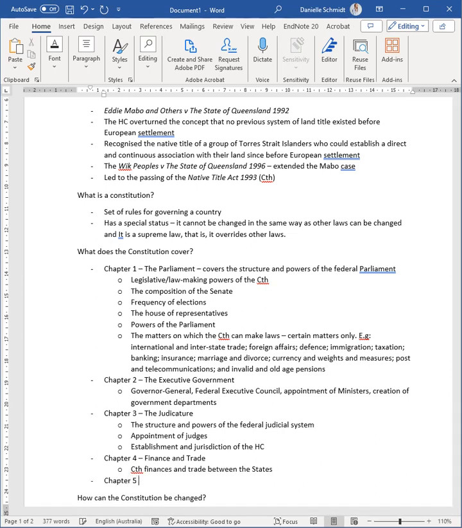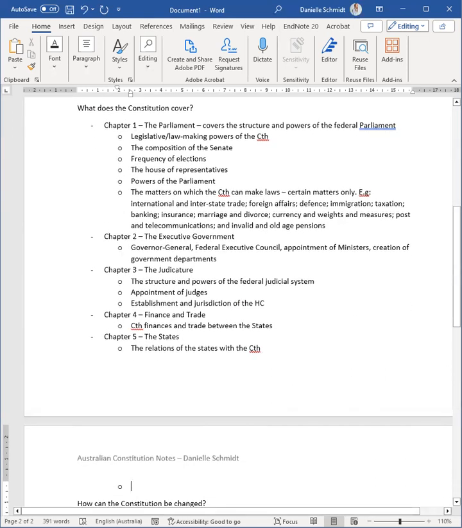Then in chapter 5, we have the states, and this is the relations of the states with the Commonwealth. So that is things like the states keep the same constitutions, powers and laws as they had prior to federation, except as modified by the Australian Constitution.